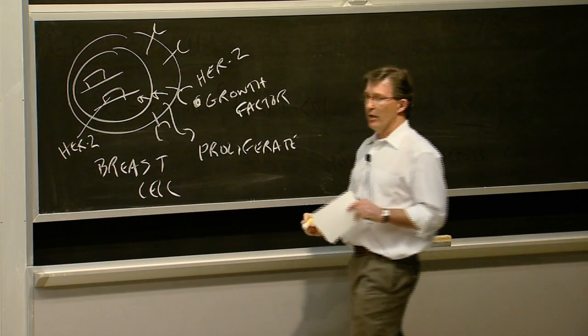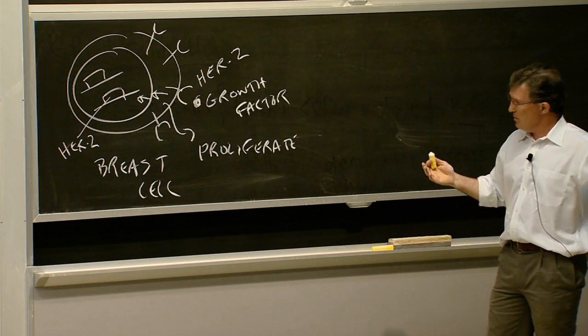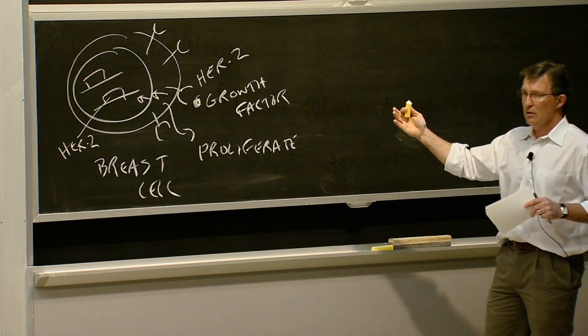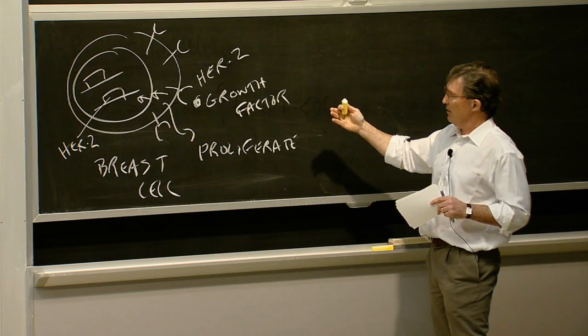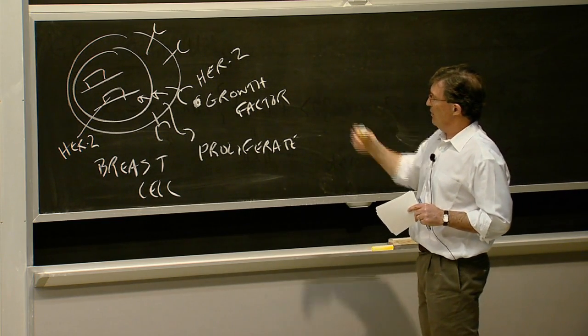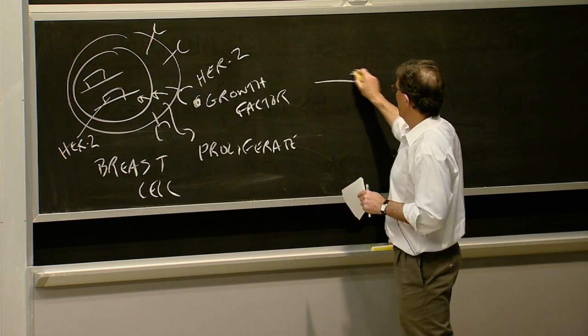And this is necessary in normal development and at other times. So this is normal regulation, normal signaling in response to a growth factor and the normal levels of a growth factor receptor.